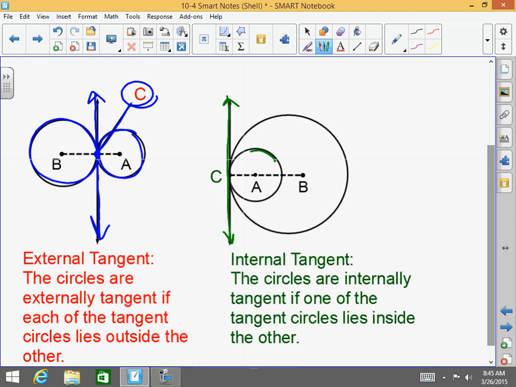But when I have one circle within another circle and they intersect at one point, those are two tangent circles, but those are internal tangents. So external tangents, the circles are both outside of each other. Internal tangents, you have one circle inside of another circle.